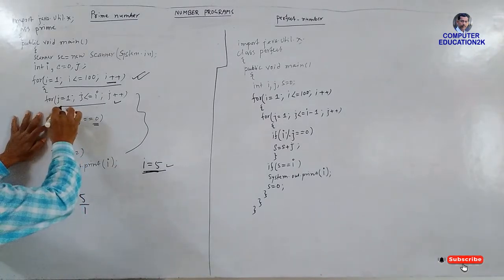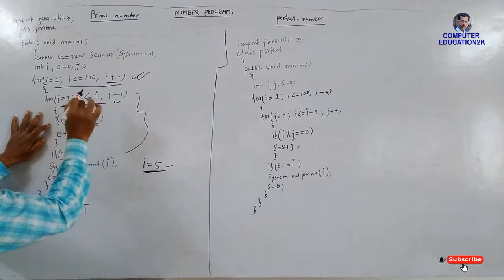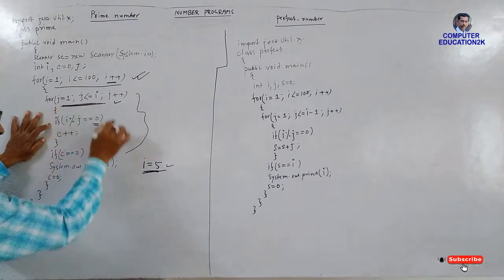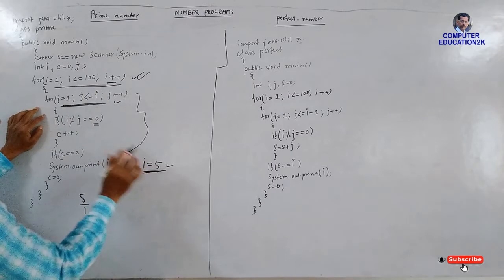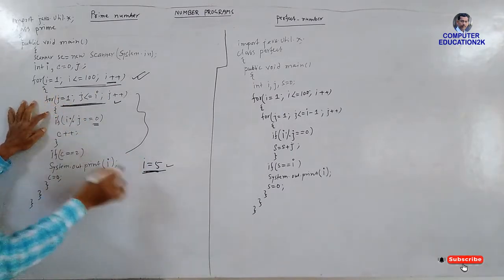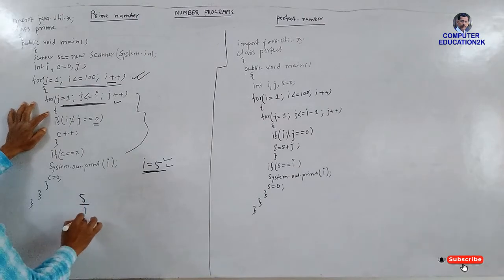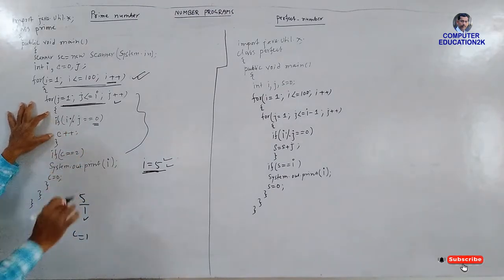Once this loop has started, it will continue till 5 because i is 5, then it will go back to the outer loop. So i is 5 and j is 1. Is the condition true? Yes, it is divisible. Then c will become 1.